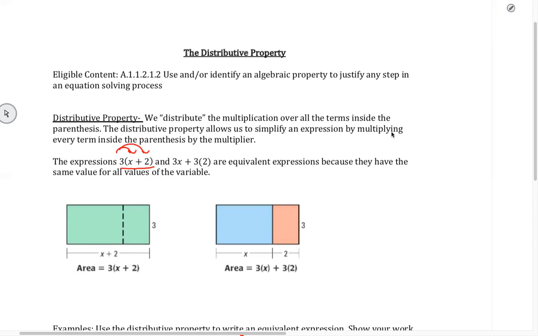So notice the 3 goes to the x and the 3 goes to the 2. Okay? So that's how I use it. Now, it's very useful with the area formula, and we can show that later on when we're multiplying two polynomials. But distributive property just means pass that number out to everything inside.